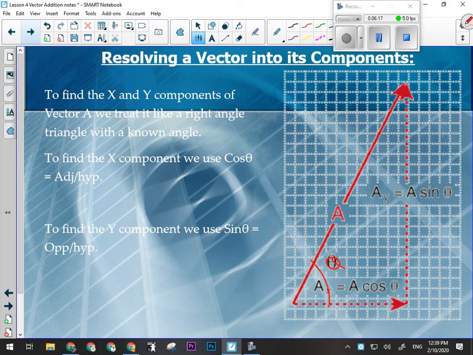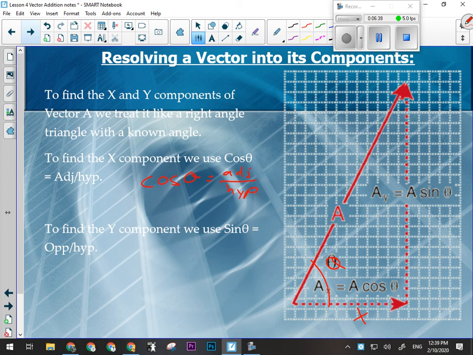Now, using trigonometry, if I want to find this side, which in this case is x, it is the adjacent side to the angle I was given. So to calculate it, I have to use cosine, because the cos of theta is the adjacent side divided by the hypotenuse.